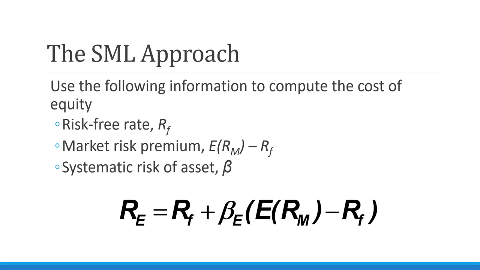So if we use the security market line formula to solve for that required equity return, we get the risk-free rate plus the beta times the market return minus the risk-free rate, or that market premium.